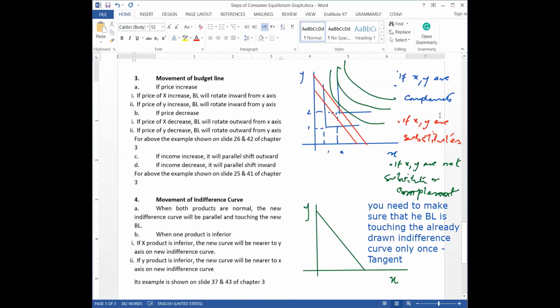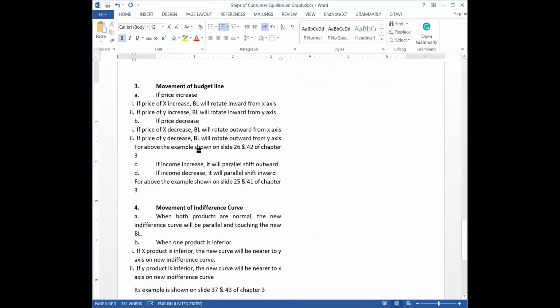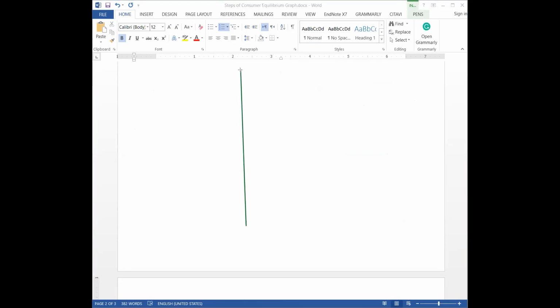Let me clear the screen. Now the base is made, so I will draw the base case here. Let's assume that the products are not substitutes, not complements. It's a standard case. First of all, I will label the graph's x-axis and y-axis.